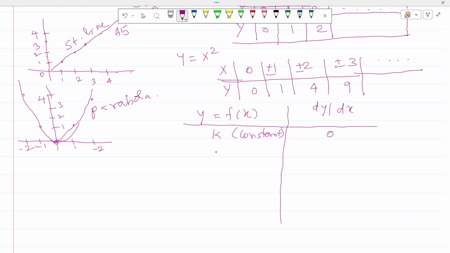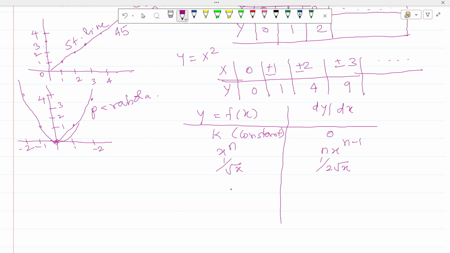Then in case y equal to f of x is x power n, then n into x power n minus 1. Some basic formulas now we can see. The third formula is that 1 by root x, the differentiation is 1 by 2 root x.